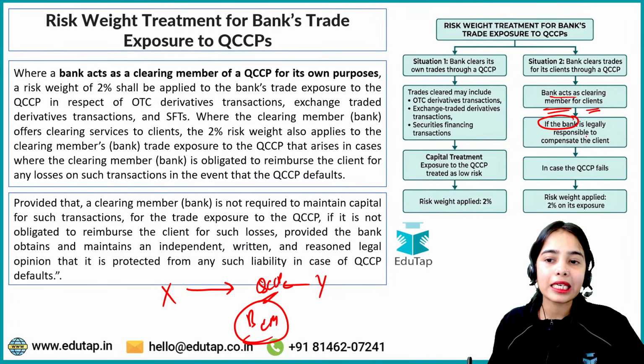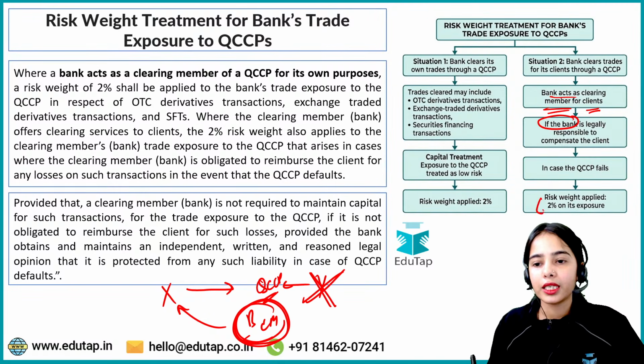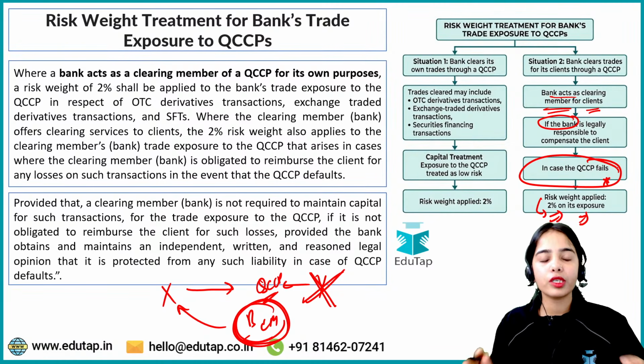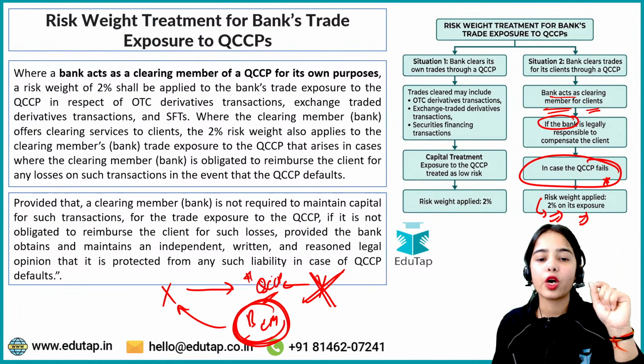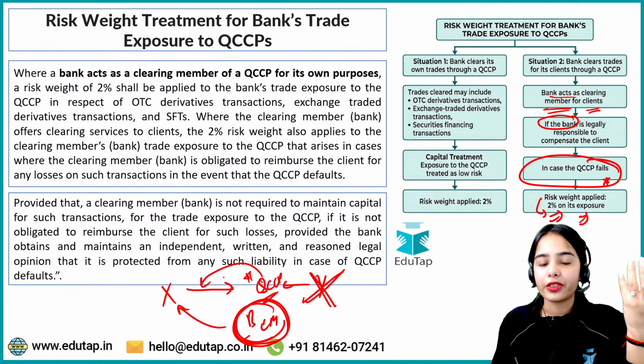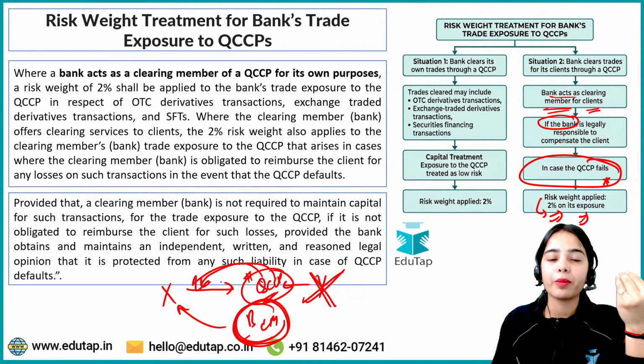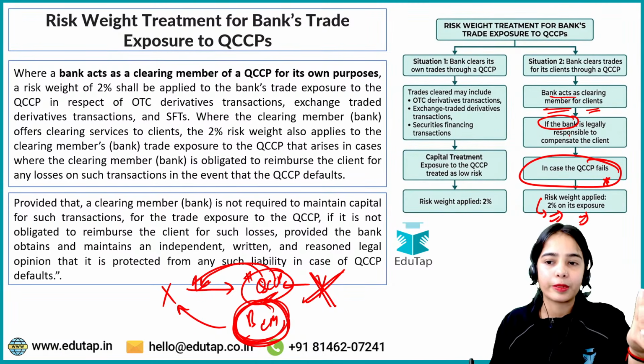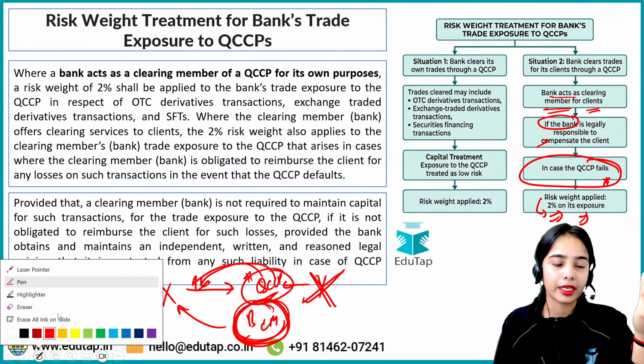If the bank is legally responsible to compensate the client if party Y defaults, then the bank has to maintain the risk weight of 2% on its exposure. The first responsibility is of the qualified central counterparty to settle or complete the trade. But if the qualified central counterparty is not able to complete the trade, then the bank has the responsibility. So this is the idea, okay?